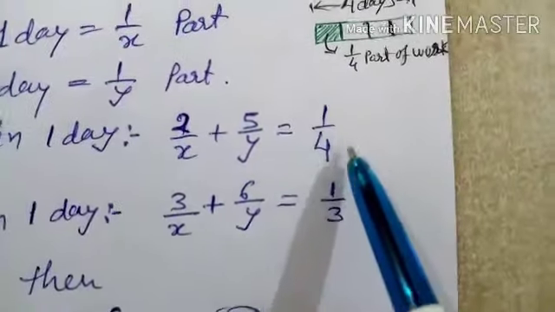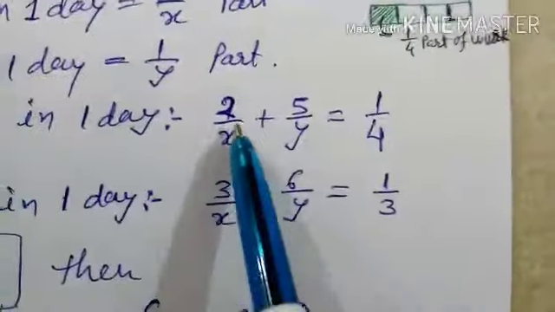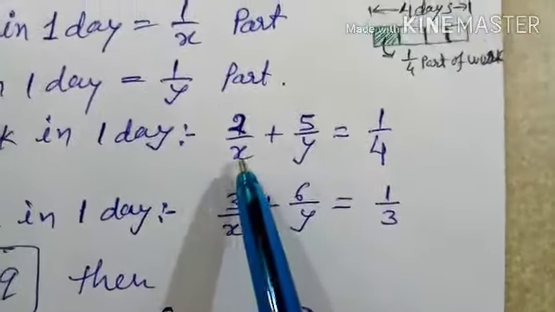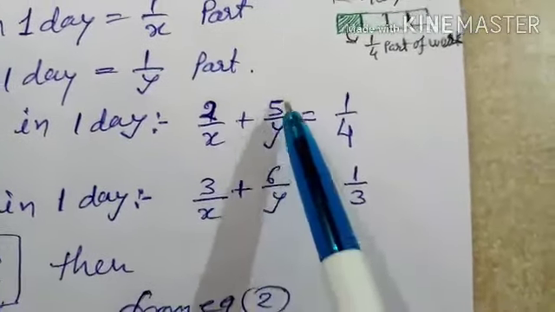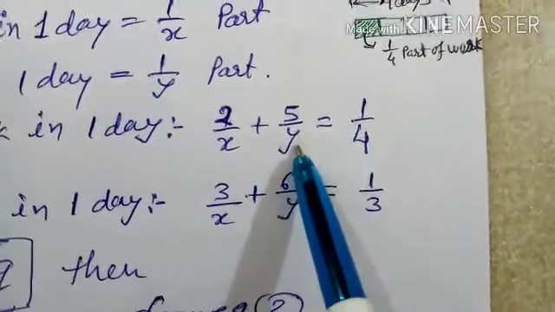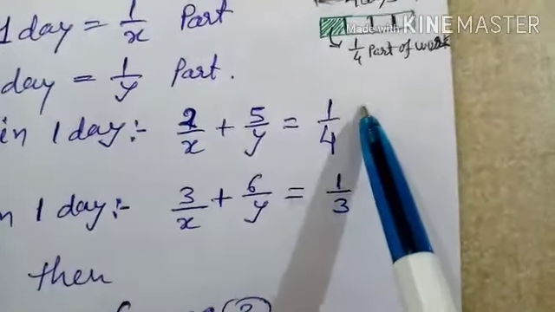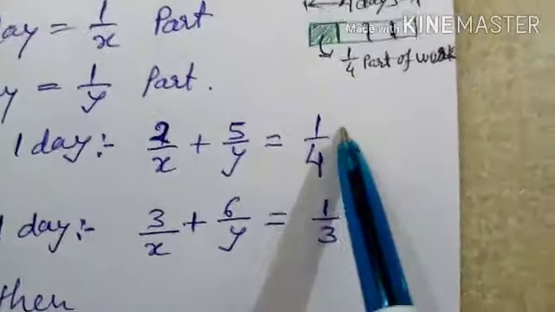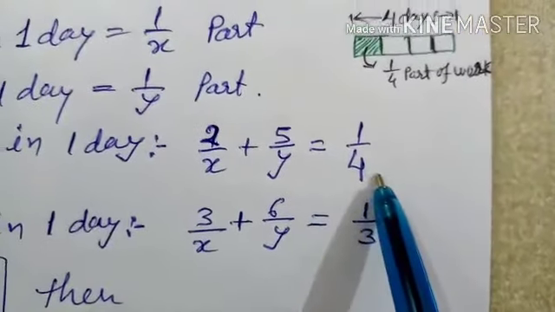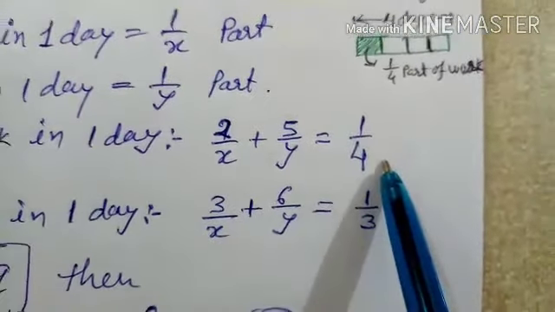So in one day, the work done is only 1/4 part. This 2 by X is the work done by 2 women, and 5 by Y is the work done by 5 men. So it is 1 by 4.